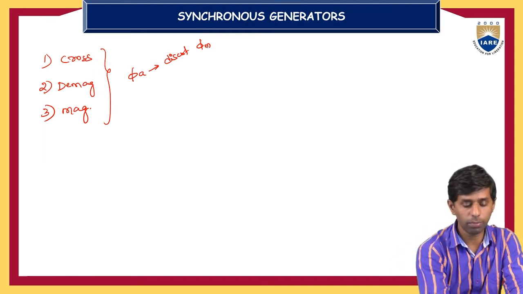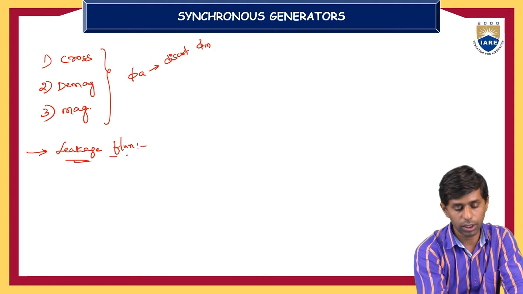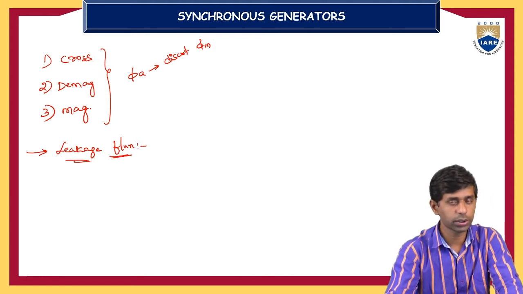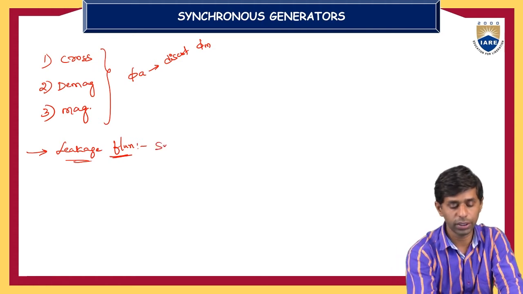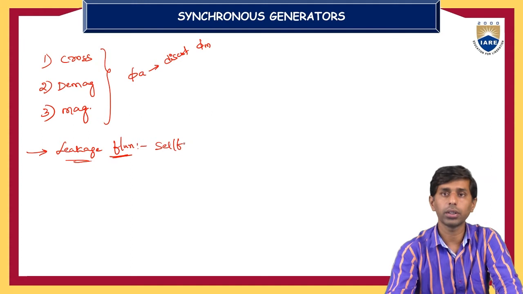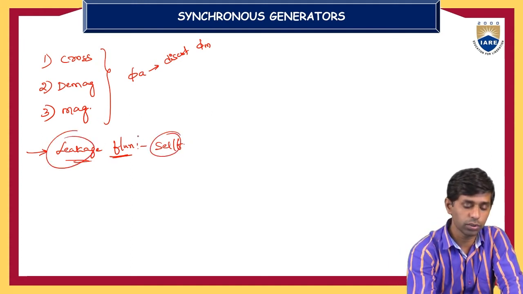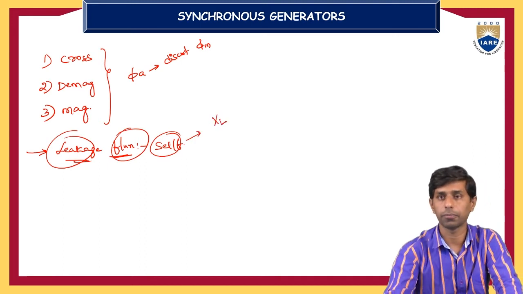And we already know about leakage flux. The flux which does not complete its path is called leakage flux. The leakage flux produces a self-induced EMF in the armature conductors. The drop due to this self-induced EMF we can represent as leakage reactance XL.